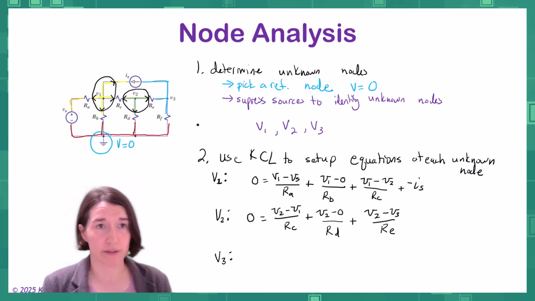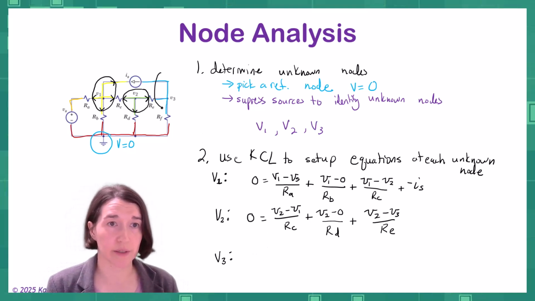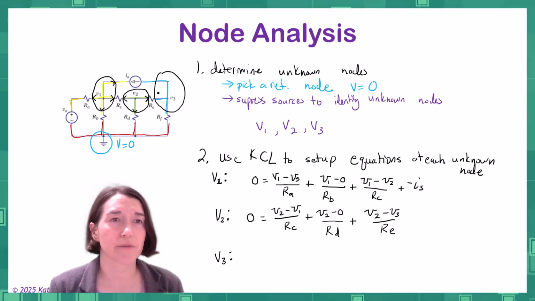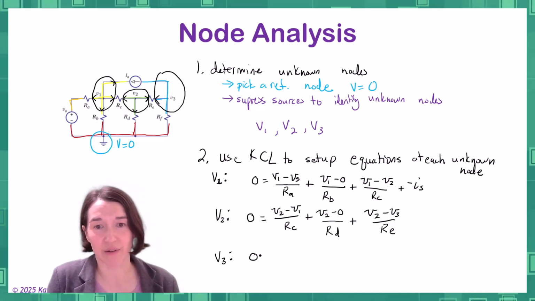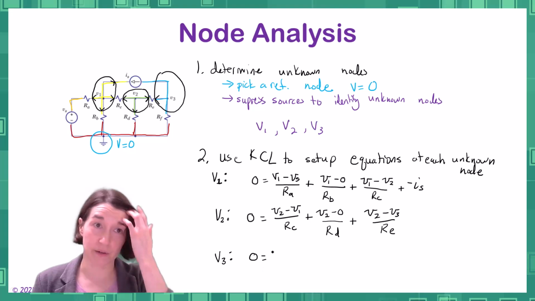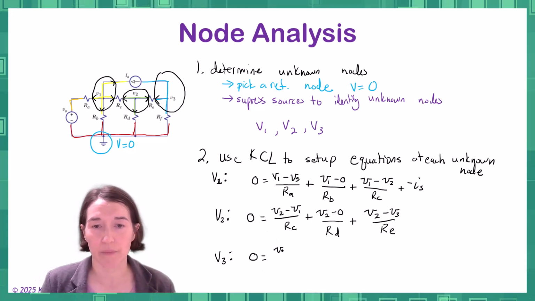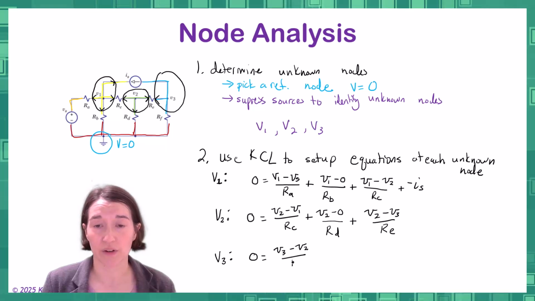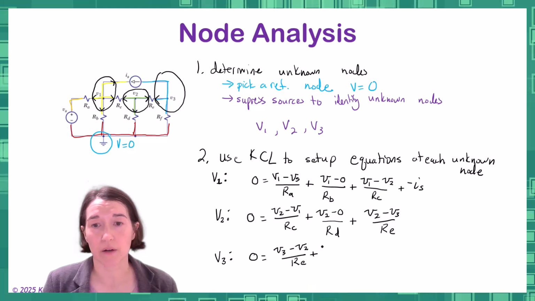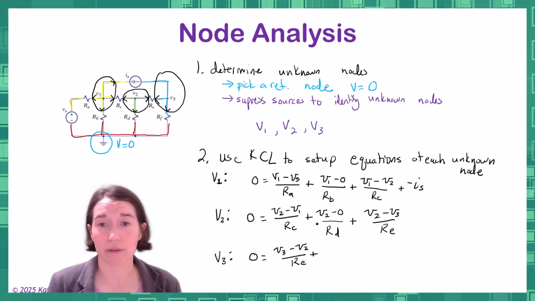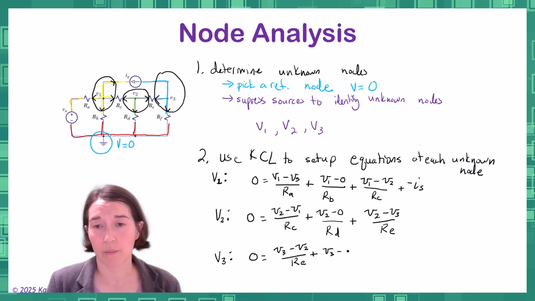All right, so let's circle this node here so that we can visualize it more easily. I'll start down here. So we have V3, so again everything has to sum to 0. V3 minus V2 divided by Re, and then plus the current going downward here, so that's V3 minus 0 divided by Rf.